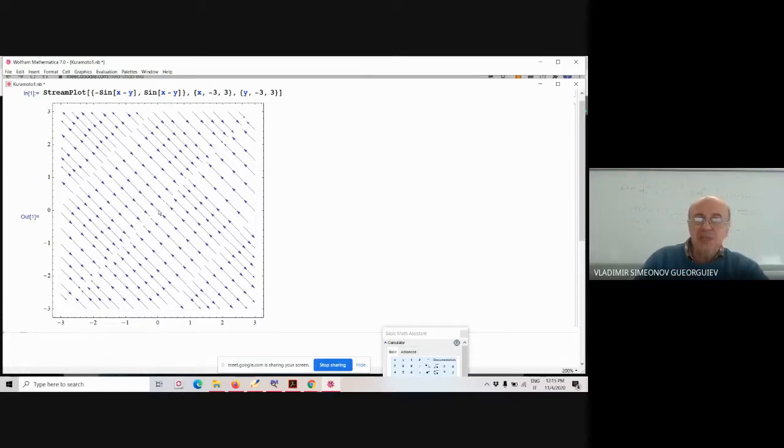It seems that all trajectories, at least with arrows, go towards 0, 0. This is a very nice helping picture.